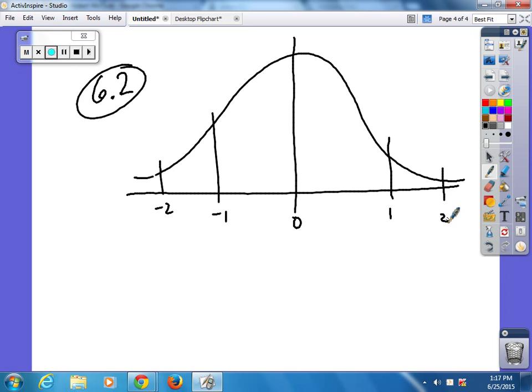And make sure you can plot. If I tell you to plot 1.15, what is that? Well, how many place values? 2. What is that? That's a z-score. Then you go, okay, 1.15. 1.15 will be somewhere right here.